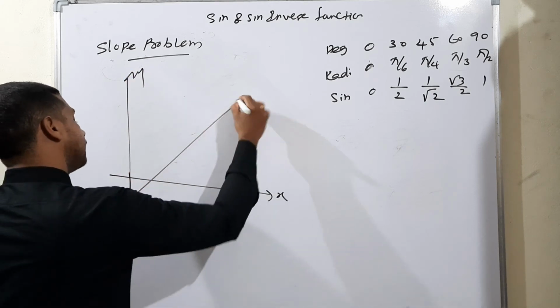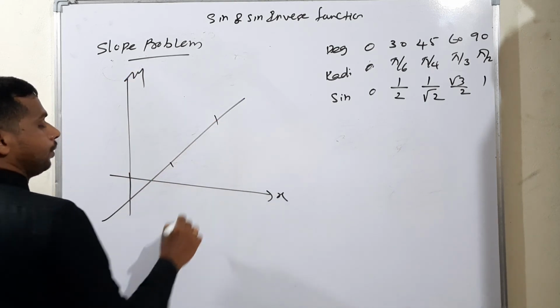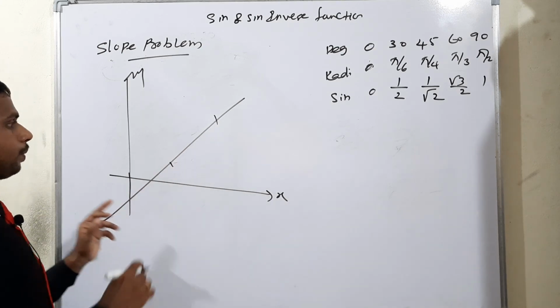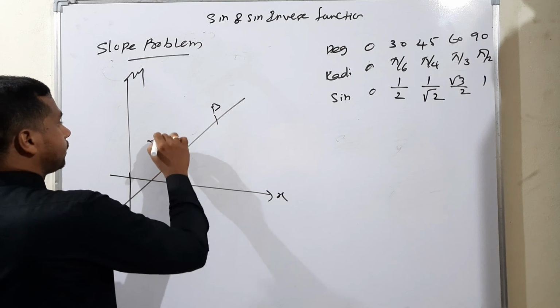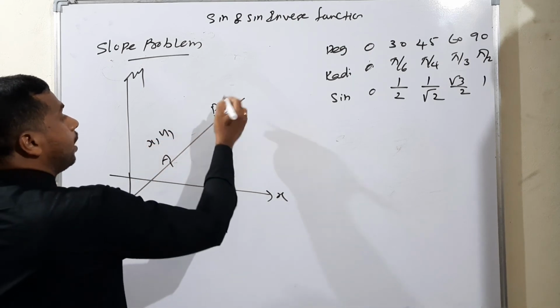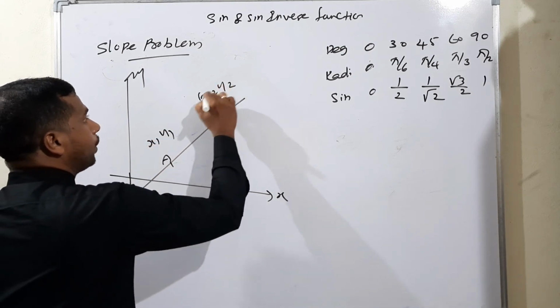If one line intersects, take particular points, this is called A, this is called B. A is considered for x1 and y1, B is considered for x2 and y2.